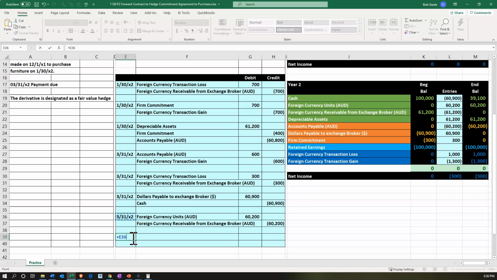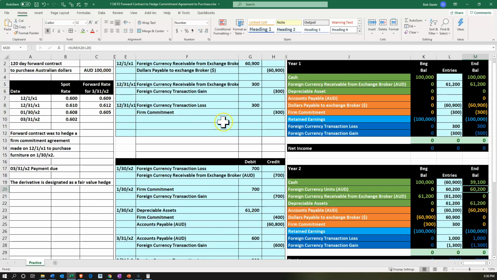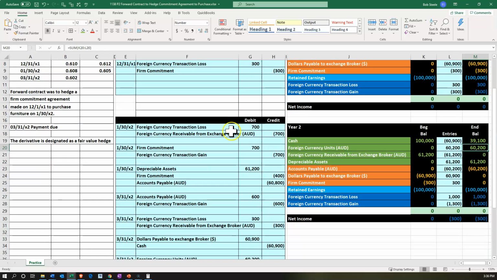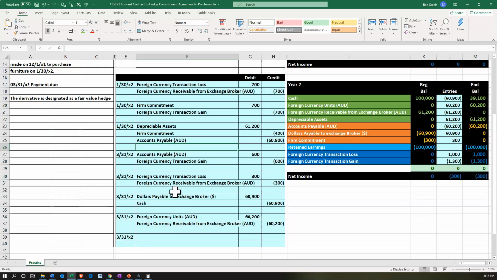Then the last transaction, we're going to be paying off the payable now. So now that we have our foreign currency, it's represented here in dollars, but it is that 100,000 of Australian dollars we can now use to pay off the payable, which is also represented on our books in terms of the dollar value equivalent, but which we will actually be paying with that 100,000 Australian dollars that we are holding on to.